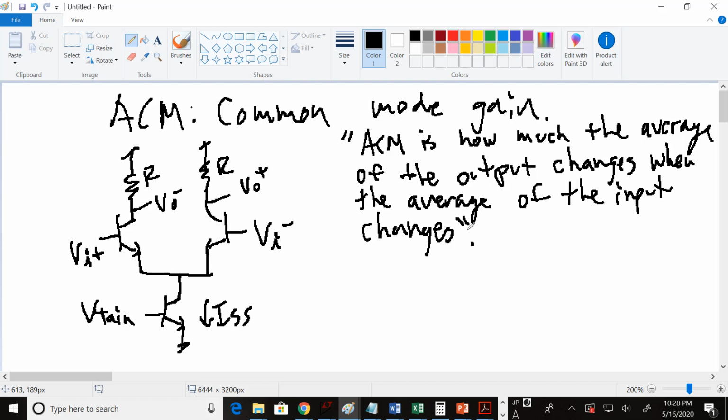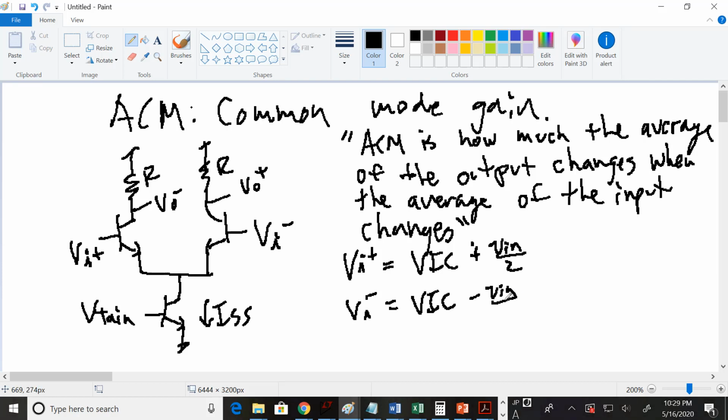So let's remember what the input is. Your VI plus is your VIC, some offset, some value that VI plus moves around, plus some V in over 2, and VI minus is whatever that DC offset average of the input is, less by the same amount that VI plus is above VIC.